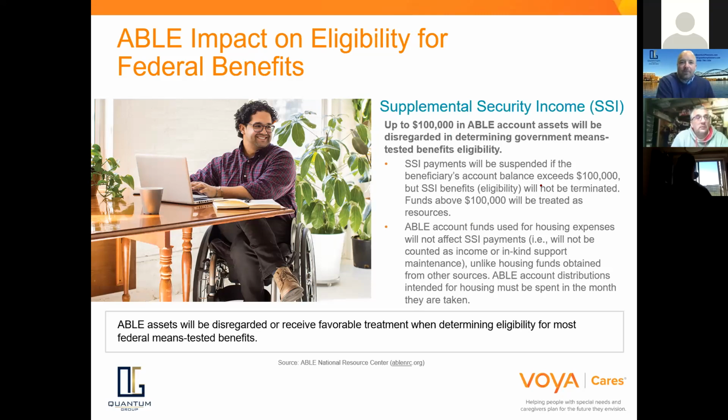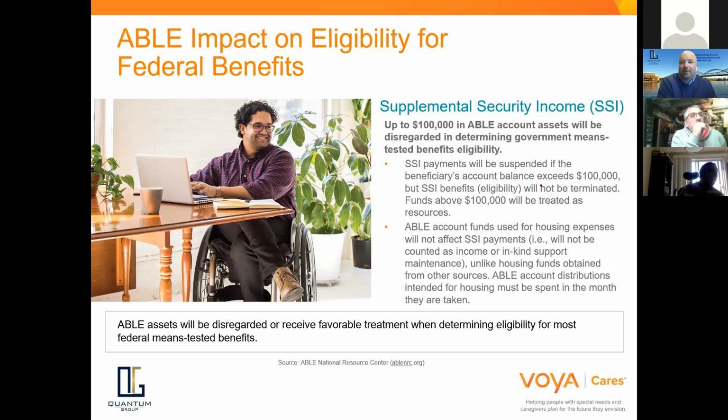If you're on SSI, normally you're only able to have $2,000 worth of countable assets to be eligible for SSI. If you're contributing over a period of time and your ABLE account rises to the amount that it exceeds $100,000, your eligibility won't be terminated, but it'll just be paused until that amount comes back down.